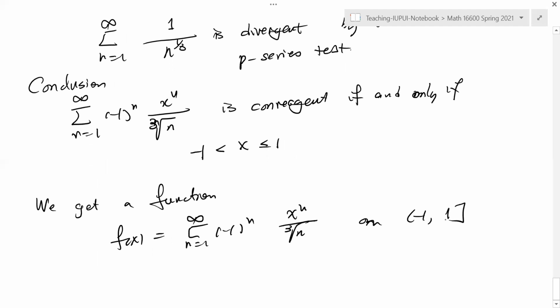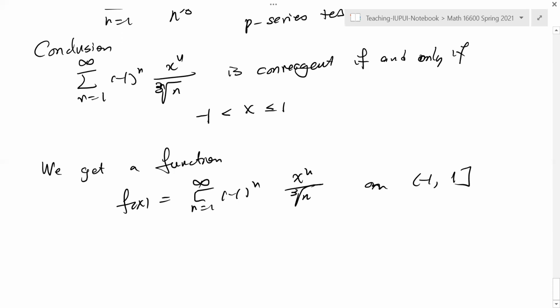But I don't know the value. Can I express f of x as some elementary functions which we're familiar with? We don't know. But we know that this is a function of x. It is a polynomial of degree infinity.